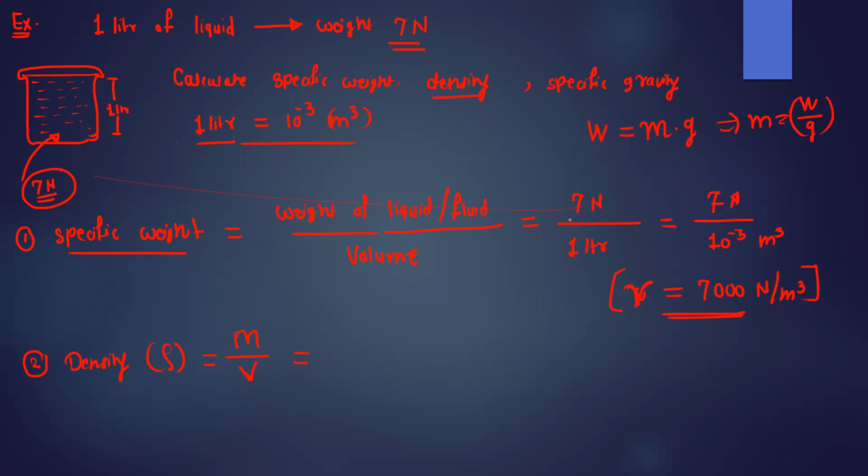So put the value of mass as w upon g, and its volume is given as 1 liter. Convert this into meter cube, so this is 10 to the power minus 3. So rho is equal to 7 upon 9.81, which is the mass, upon volume 10 to the power minus 3. So we can get this value 7 upon 9.81. Just calculate this value.